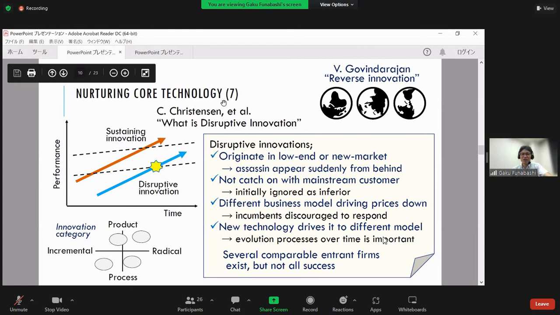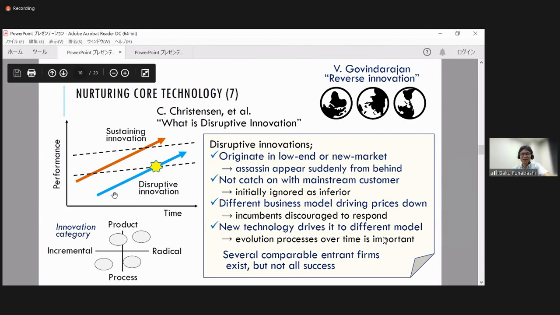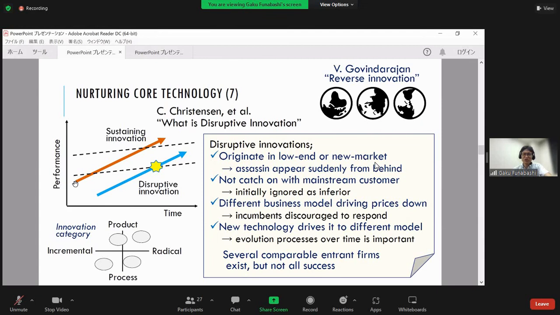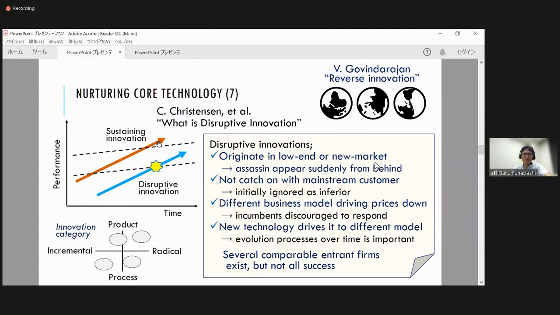Because of these reasons, people didn't realize that they could be a big competitor, but suddenly they emerge as one. This chart shows it. The red line is the ordinary large companies, which gradually improve their products to meet the demand of the low-end market.